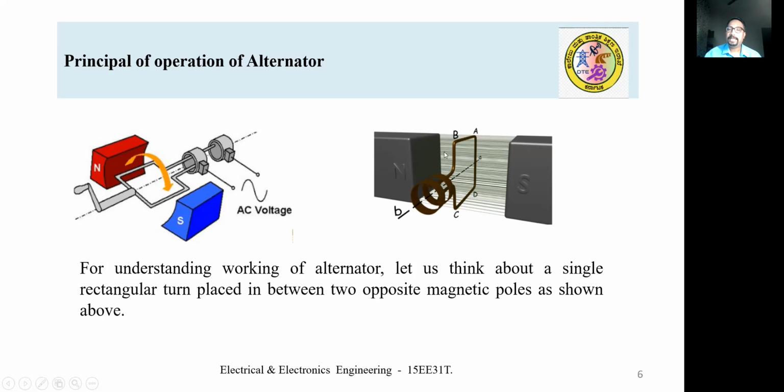This is the initial position, where the coil is about to rotate, yet to start rotating. Right now it is not rotating, hence no EMF will be induced in the coil because the coil is not moving.